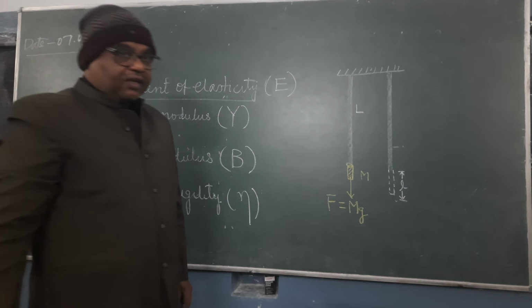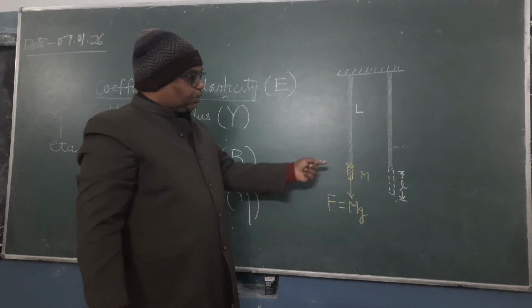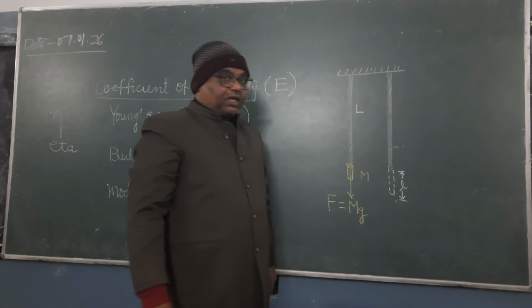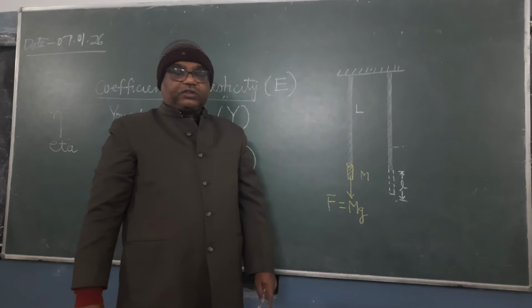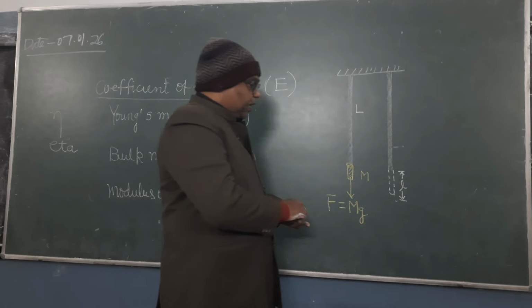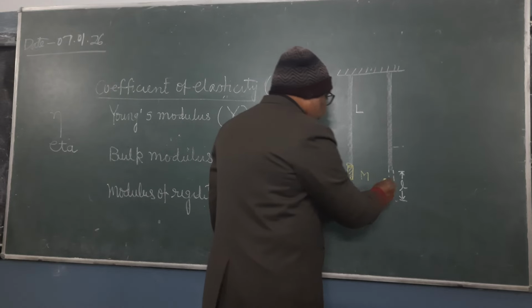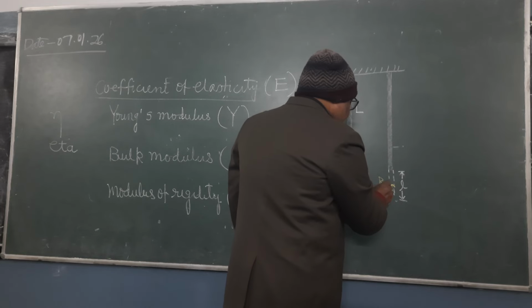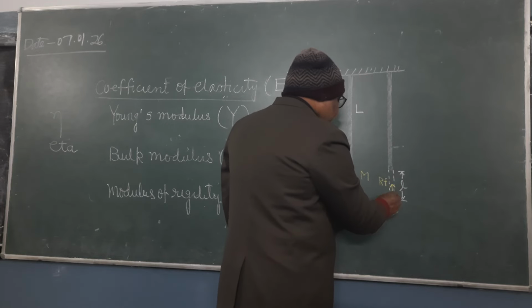And when the length is increased, when the cross section moves from here to here, the restoring force increases from 0 to mg. The restoring force will act in the upward direction. Yesterday I made the diagram.